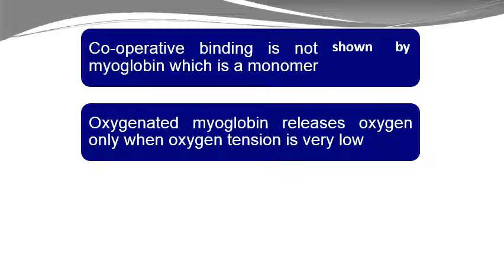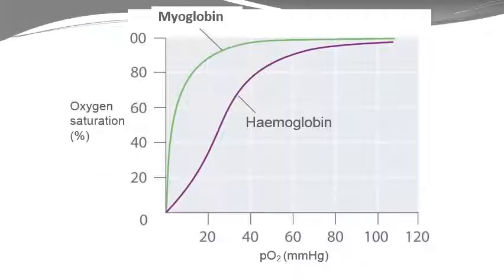We have learned from the previous class that myoglobin is a monomer. Oxygenated myoglobin will release oxygen only when oxygen tension is very low. So in the oxygen dissociation curve, myoglobin will not show the sigmoidal shape. It will look something like this, as you see here. However, hemoglobin will have more of an S-like, sigmoidal shape.